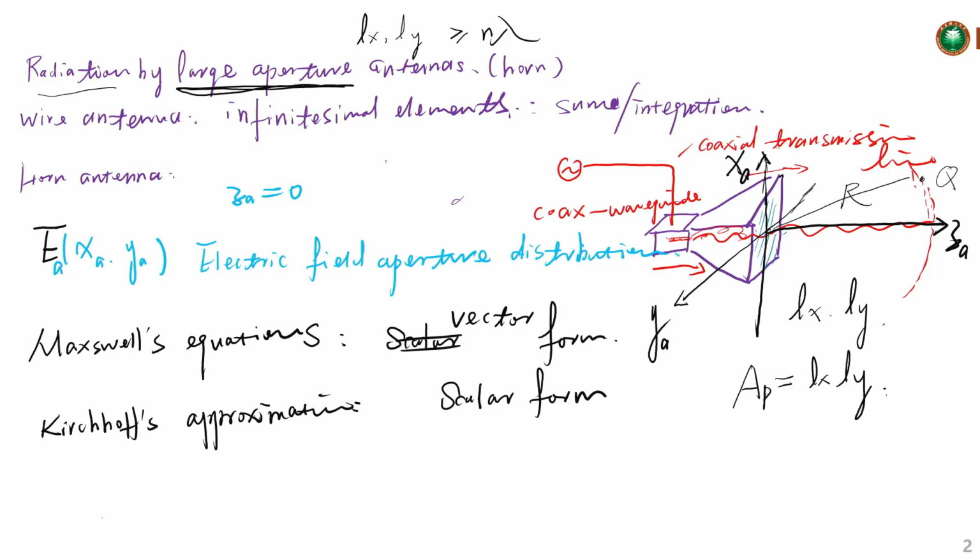Can you remember how the far field region is defined? R should be larger than 2D squared divided by lambda, alright? D is the size or dimension of the aperture, lambda is the wavelength, and R is the distance between the aperture and the observation point.